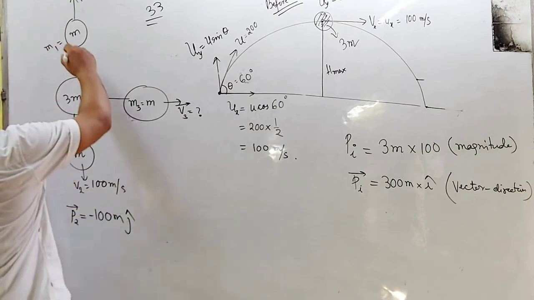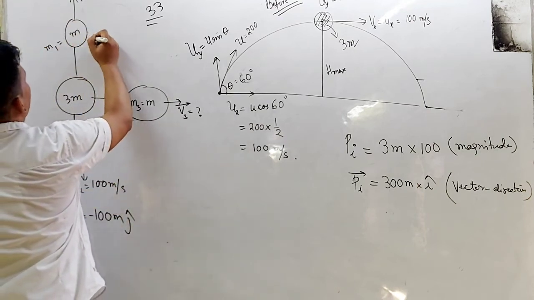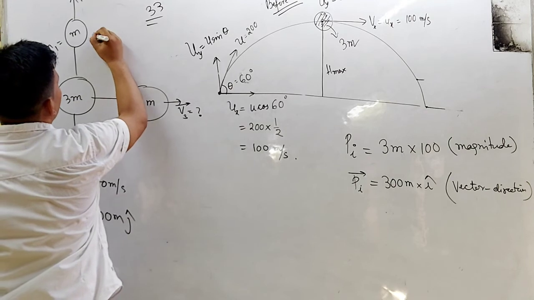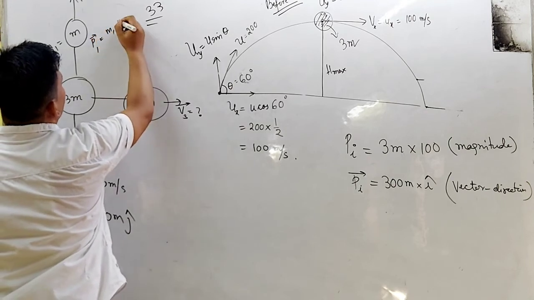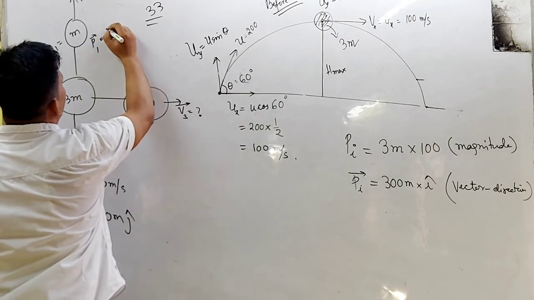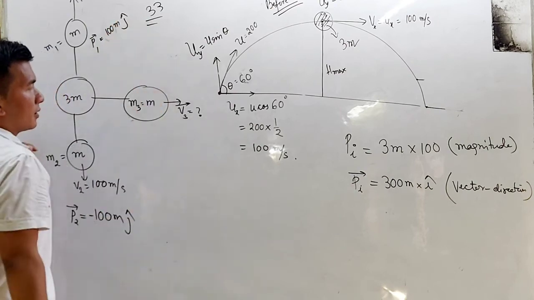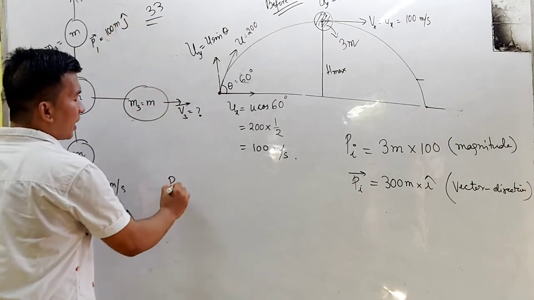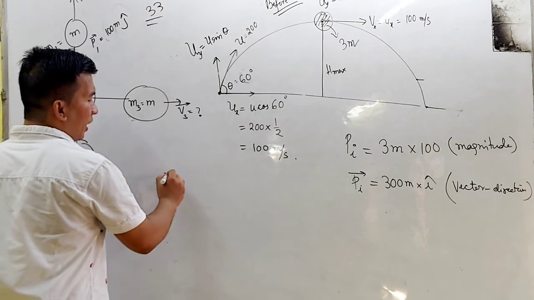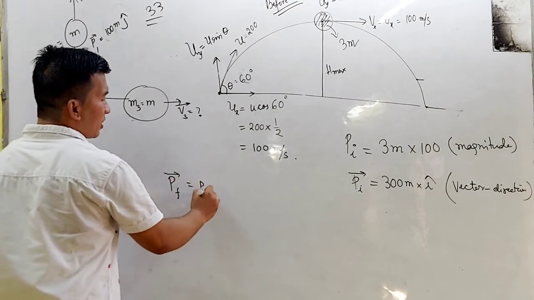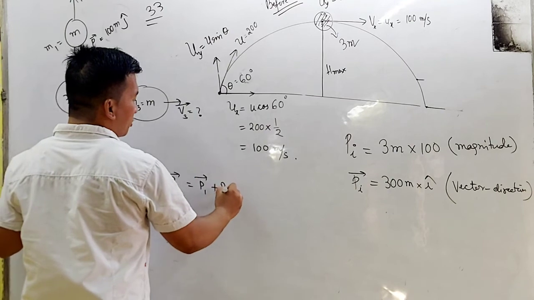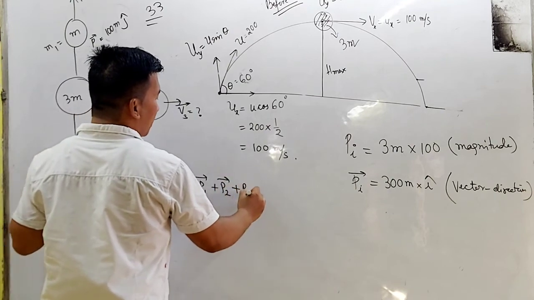What about this? See, here your m1 p1 is equal to, sorry, it will be 100 m j cap. What would be the total final momentum? pf will be equal to p1 vector plus p2 vector plus p3 vector.